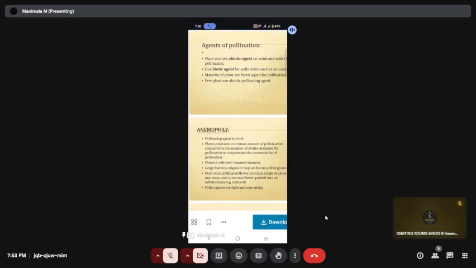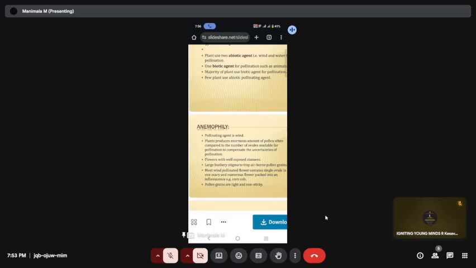If the pollination takes place with the help of water, it is called hydrophily. With the help of insects, it is called entomophily. And with the help of animals, it is called zoophily. We have different types of phily here.